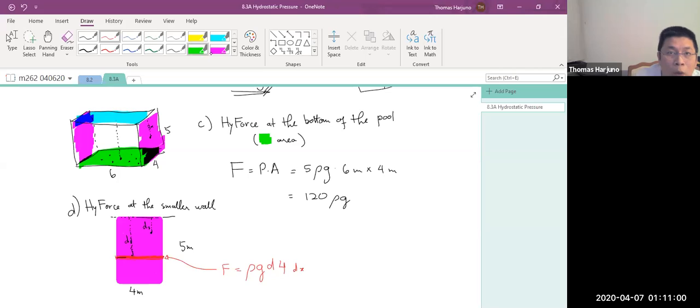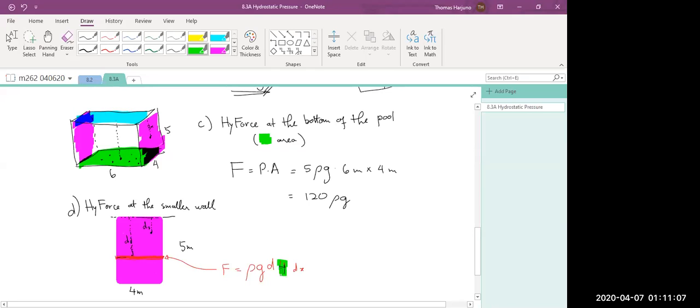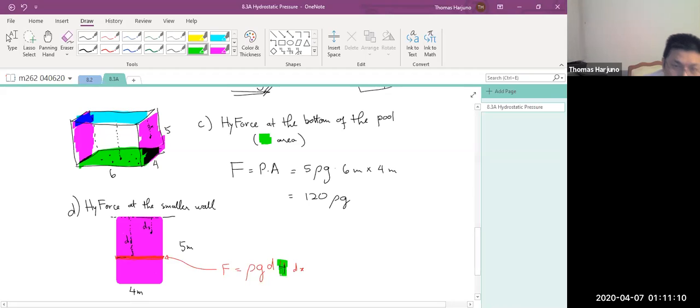Notice that, where do I get the 4 from? One of the sides of the wall. That's the length of that strip. Okay, so using this notation, this is supposed to be dF instead of F.